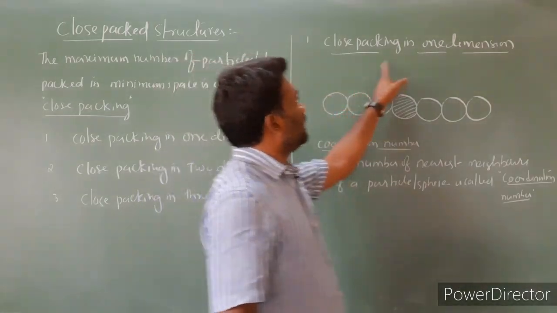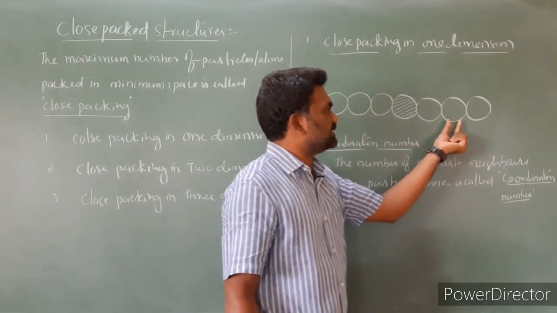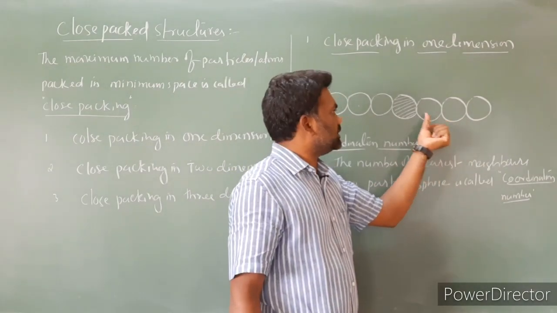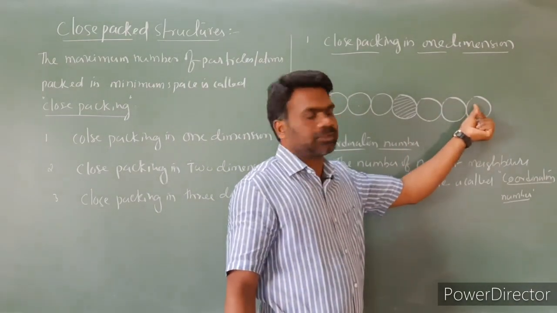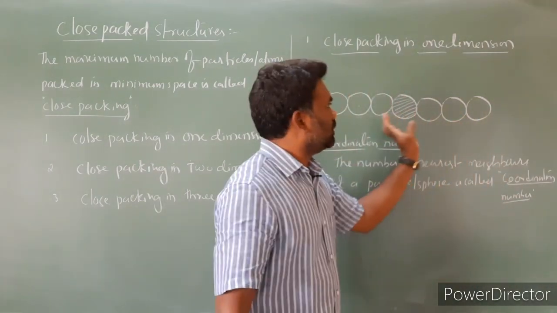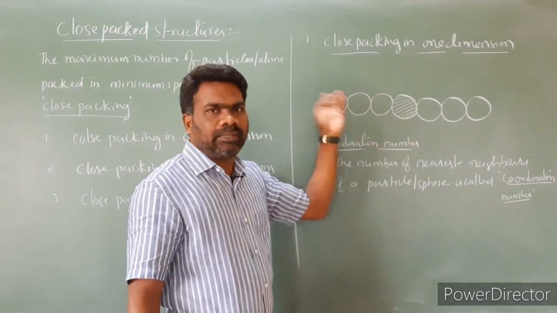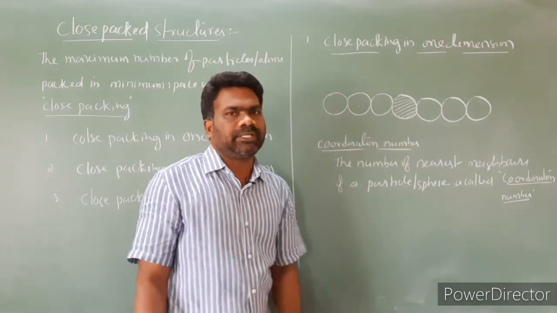So in close packing in one dimension, the coordination number of any sphere you can take is 2. Suppose I am taking this sphere, it is touching this sphere as well as this sphere. So the coordination number for this sphere is 2. We have to continue the row, this side also we have to continue the row. So any particle you can take, its coordination number is equal to 2.